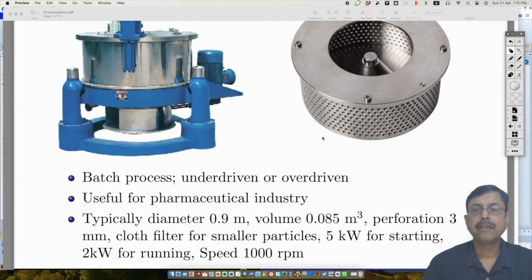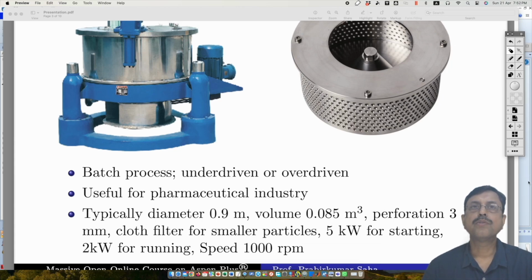And while starting, it may take up to 5 kilowatt, and once the inertia is obtained, then regular running wattage will come down to 2 kilowatt, and speed may go around 1000 RPM or so.